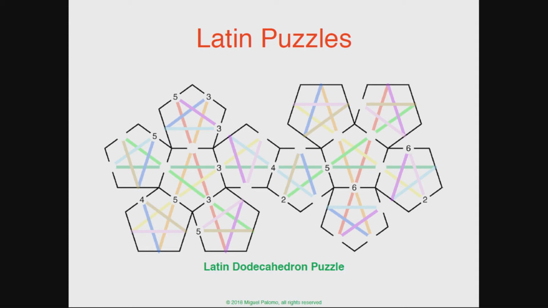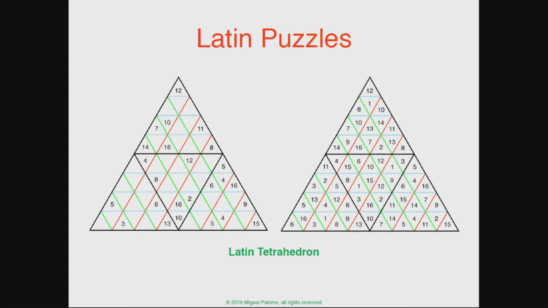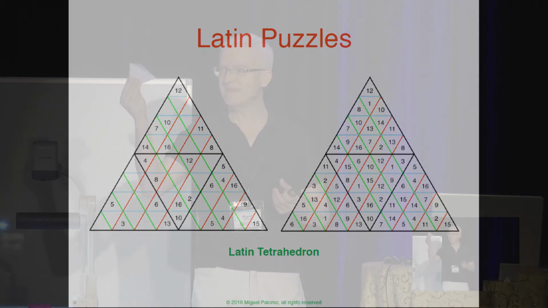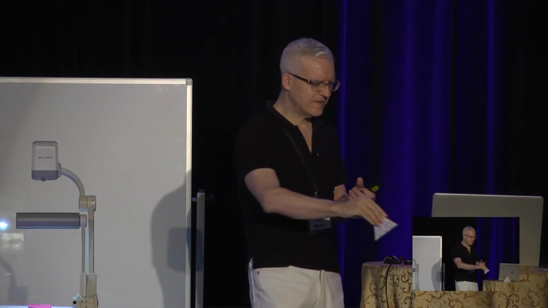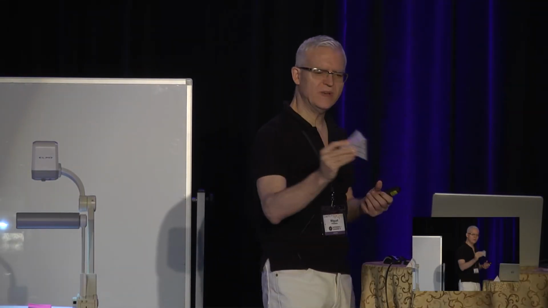For example, this one, or this one, which is played on a regular tetrahedron. In fact, I built a model for the occasion that I can show to you later. This is the Latin polytope, a Latin tetrahedron, and this is the puzzle that is uniquely completable to this solution.